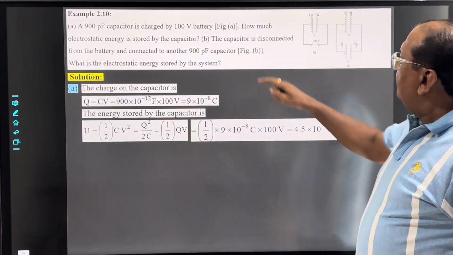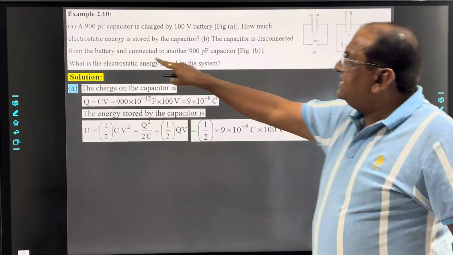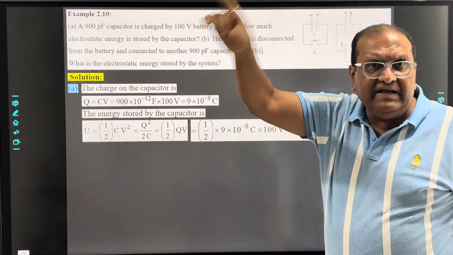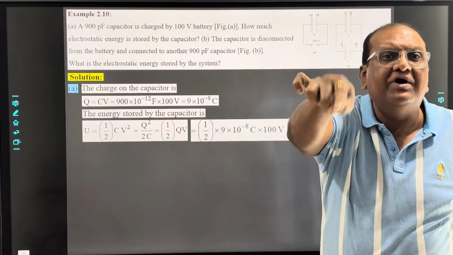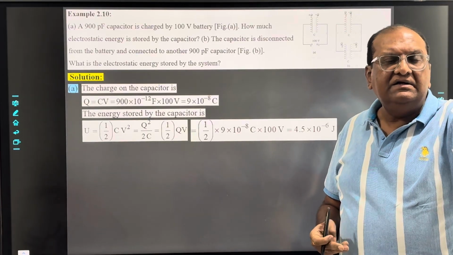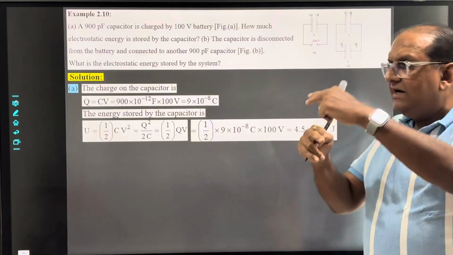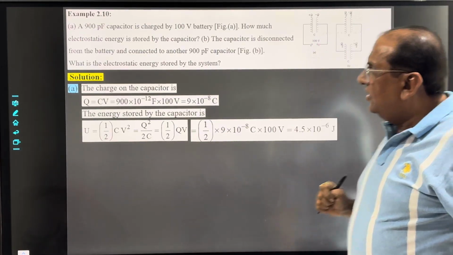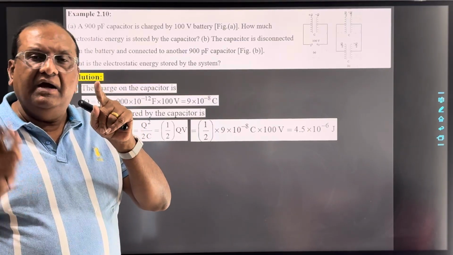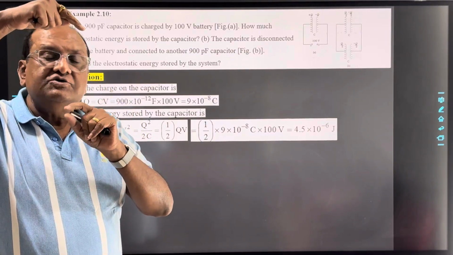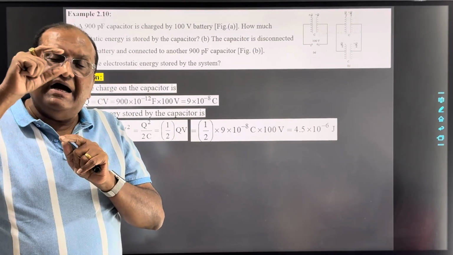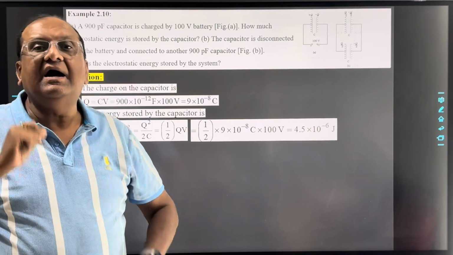How? Now the capacitor is disconnected from the battery. So when it is disconnected from the battery, there is charge Q on it. And now it is connected with another capacitor of the same type. When two capacitors are of the same value, one is uncharged and the other is charged, so distribution of charge will take place and the charge will be distributed exactly half.